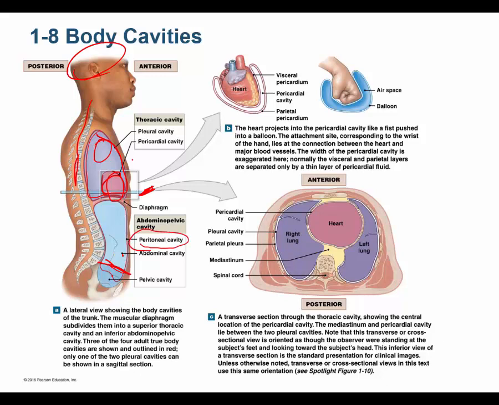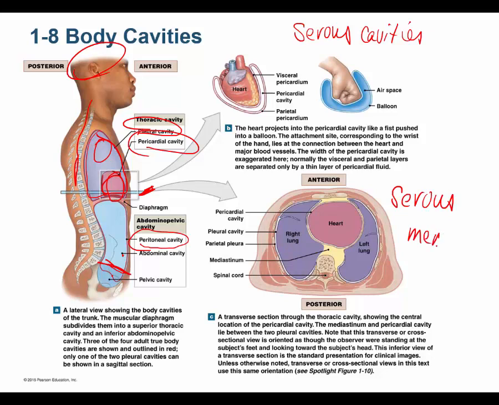All right, so what I really want to talk about now is the pleural cavity, the pericardial cavity, and the peritoneal cavity. Those three cavities are called serous cavities. They are surrounded by a serous membrane. And actually, they're surrounded by a double membrane, two serous membranes.